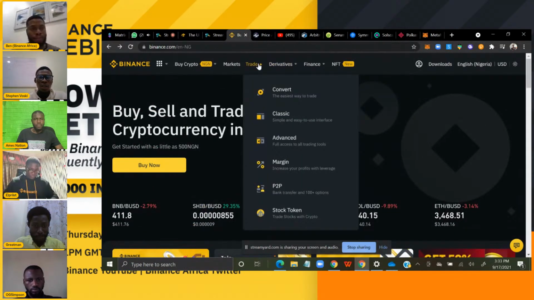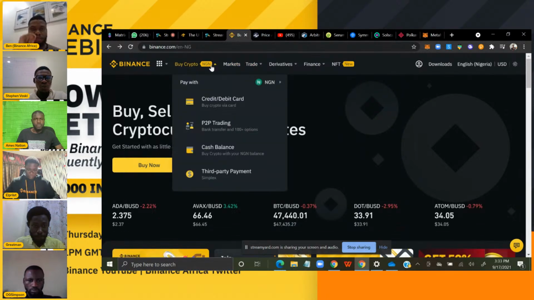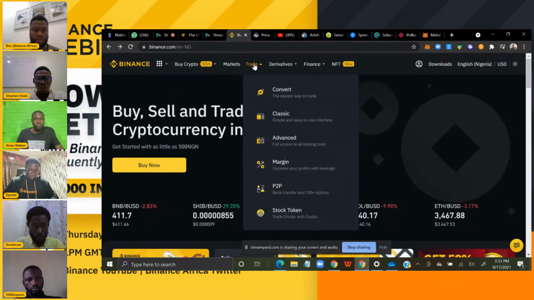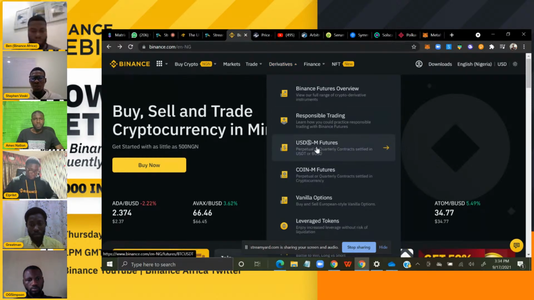Now you have to create a futures account separately, because once you register, you are given your spot account. To set up your futures account, you need to go to the futures section under derivatives, USDT futures, and click it.